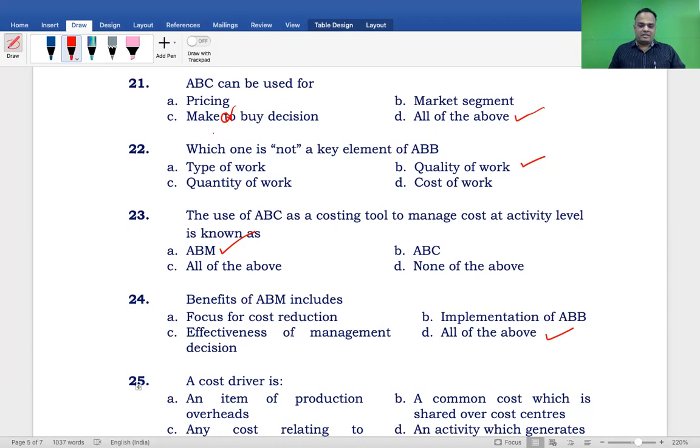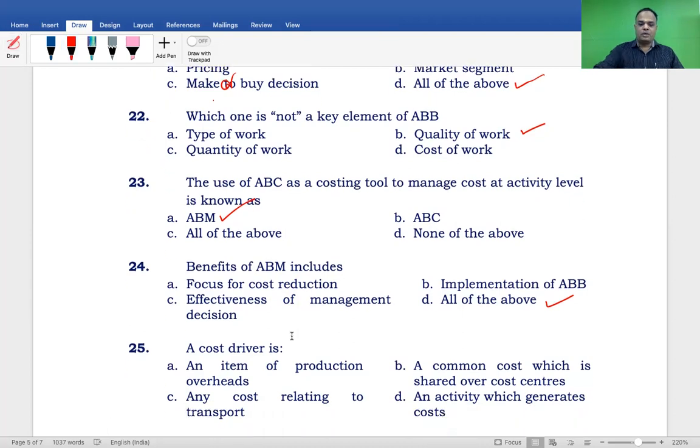A cost driver is an item of production overhead or a common cost which is shared over cost center, or any cost relating to transport, or an activity which generates cost.